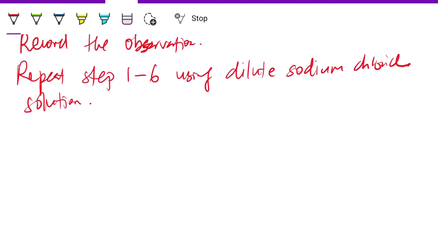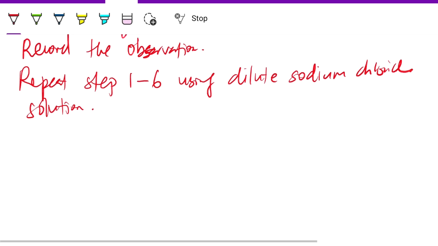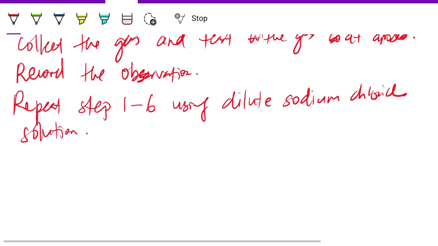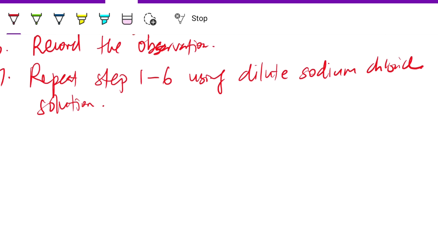Now if you can list all the steps 1 to 7, you get score 3. For score 2, you must be able to mention steps 1, 3, 6 and 7.